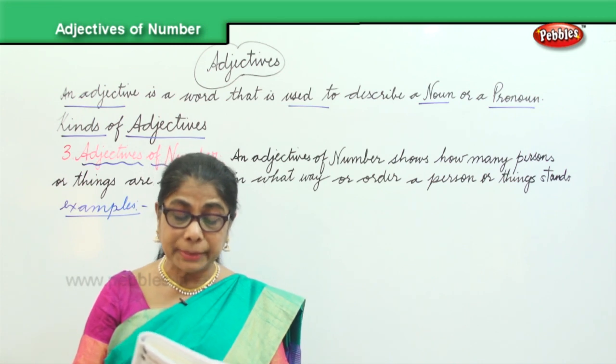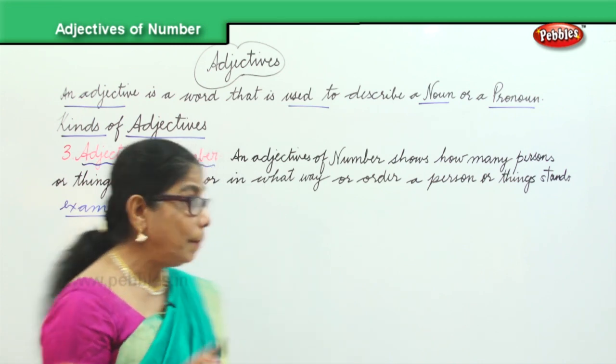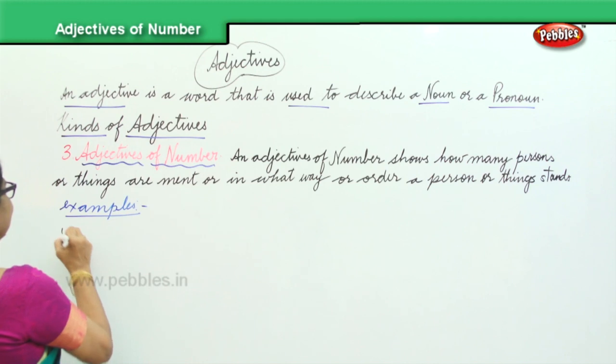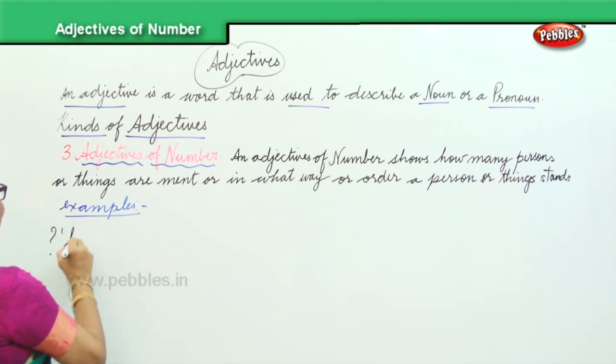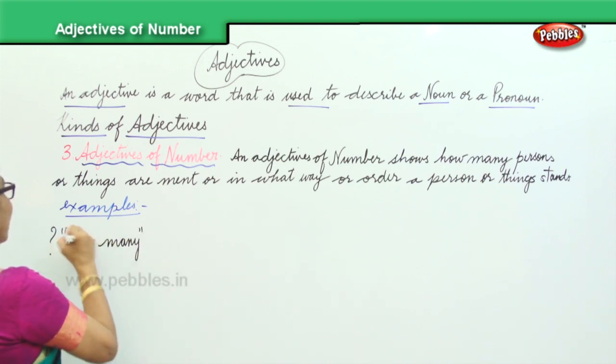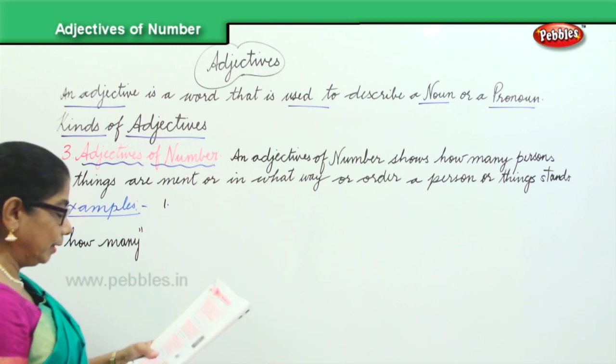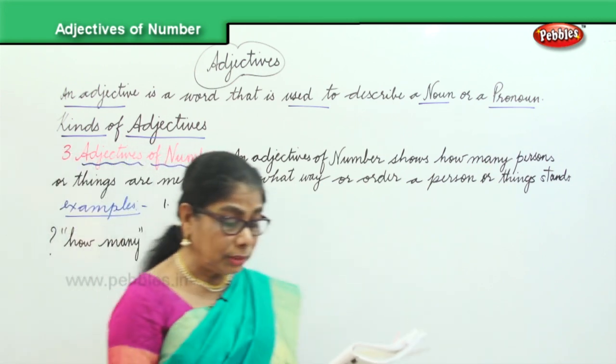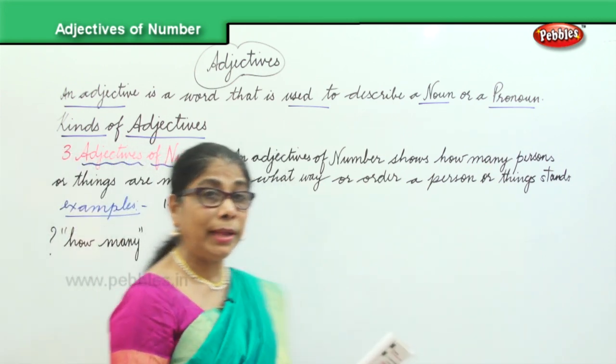Adjectives of number answers the question, how many? So let's keep in mind how many. The first one I have here is, some boys did not come to school today.